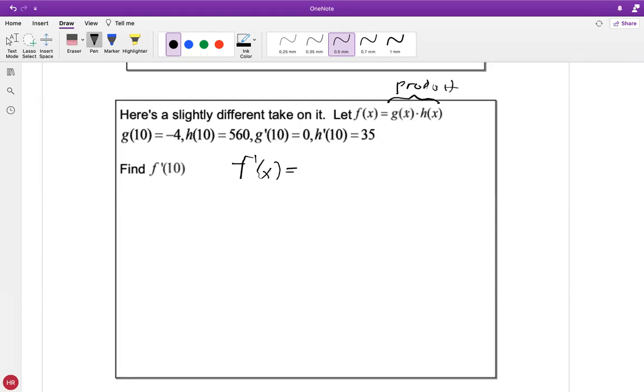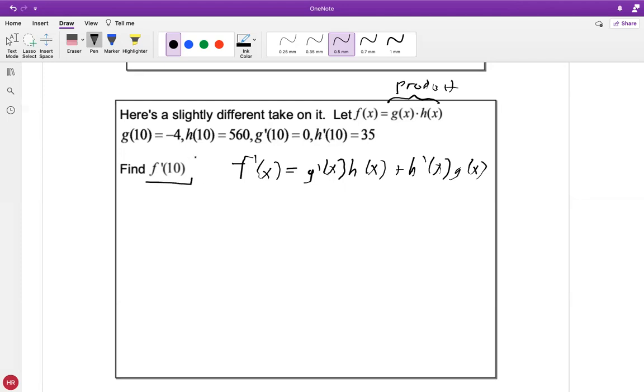I'm going to do the derivative of the first, which is g prime of x, I don't know what it is, times the second, plus the derivative of the second thing, which is h prime of x, times the first. This is just a straight example of the product rule. I haven't done any actual math here yet in the sense of taking derivatives, though in the most basic sense, this is all math is doing.